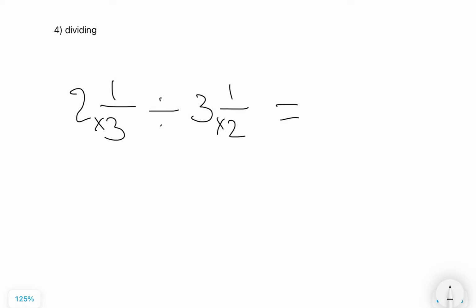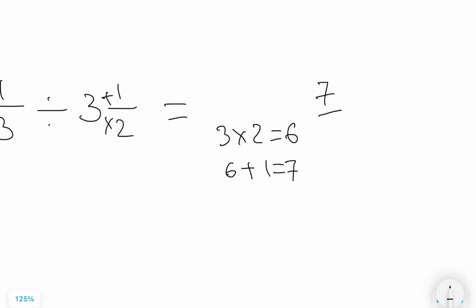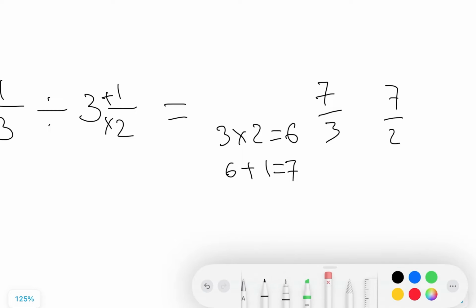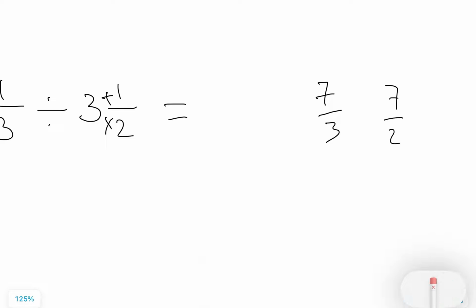We times those two numbers together, and then the product of that we add to the top number. So 3 times 2 is equal to 6. 6 plus 1 is equal to 7. So the first number is 7 over 3. And we do the same for the second one. So 3 times 2 is 6. 6 plus 1 is 7. So it's 7 over 2. So this is what we get.